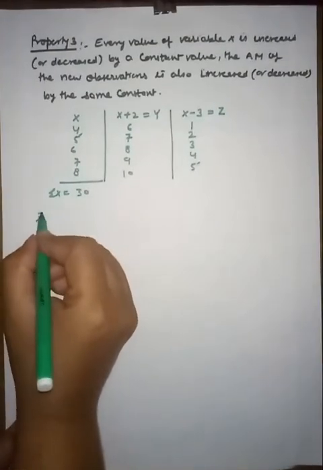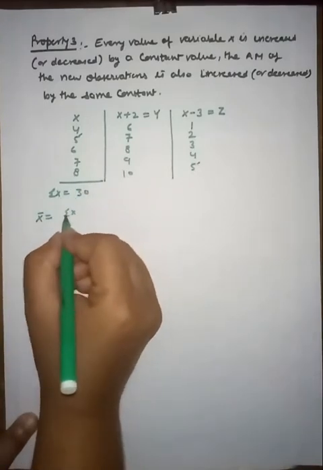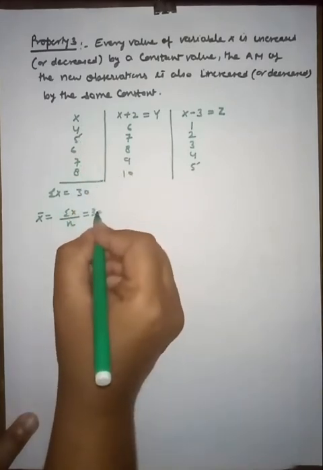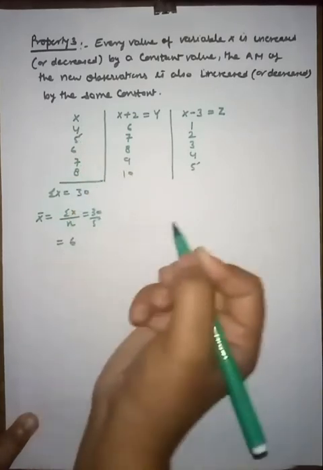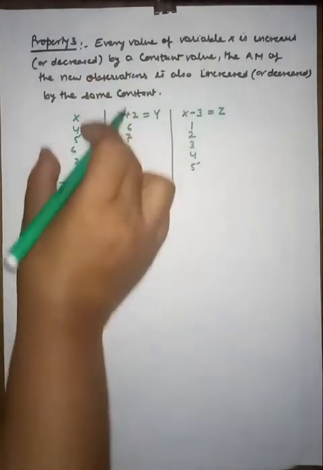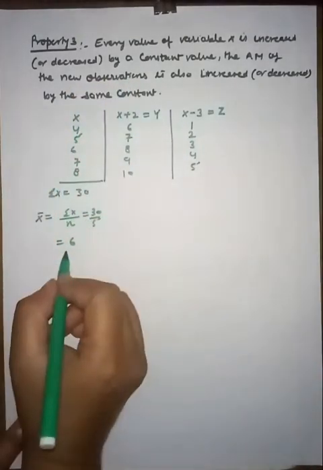Now find the x bar of this column, the arithmetic mean. Summation of x upon n, the number of observations is 5, so this is 30 upon 5, which comes to 6. So the arithmetic mean of the given observations is 6.